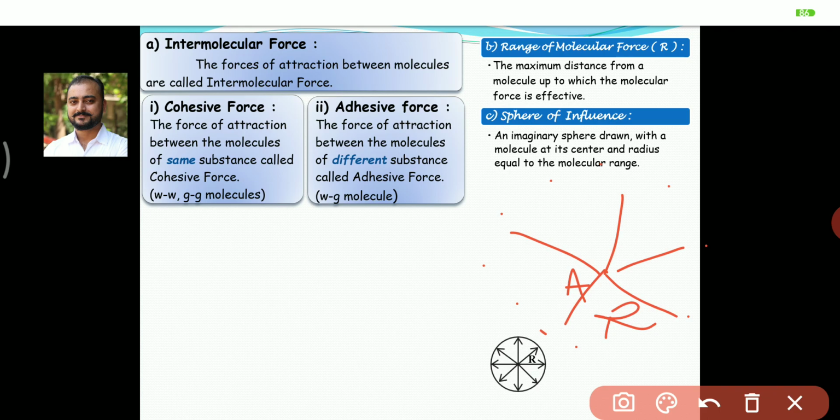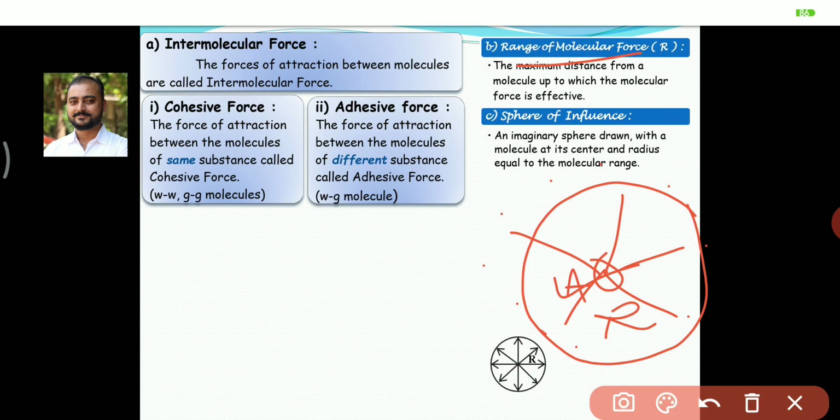So draw an imaginary sphere with the molecule at its center and the radius equal to the range of molecular force. Such a spherical structure is called a sphere of influence, meaning that in that sphere the other molecules can experience the force due to molecule A. So this figure shows you the sphere of influence.